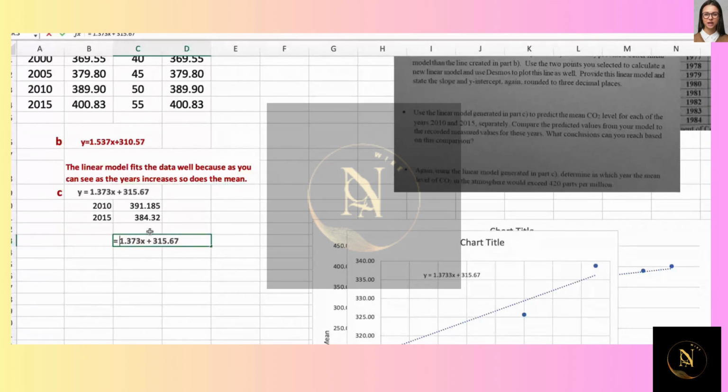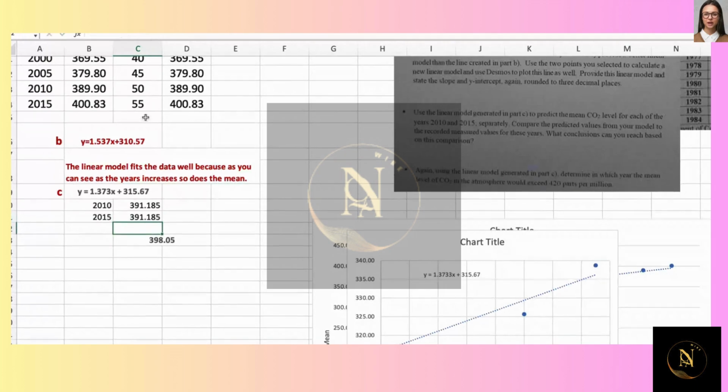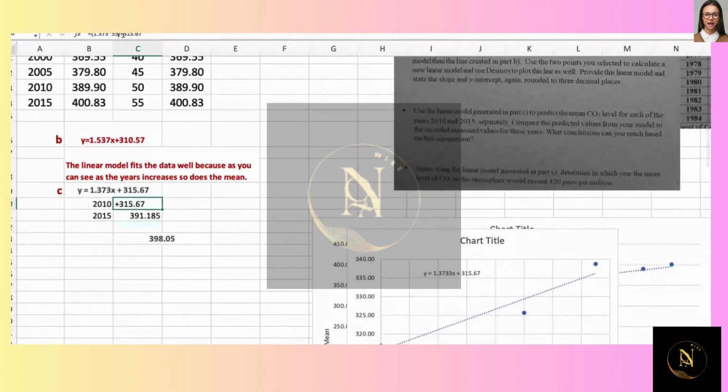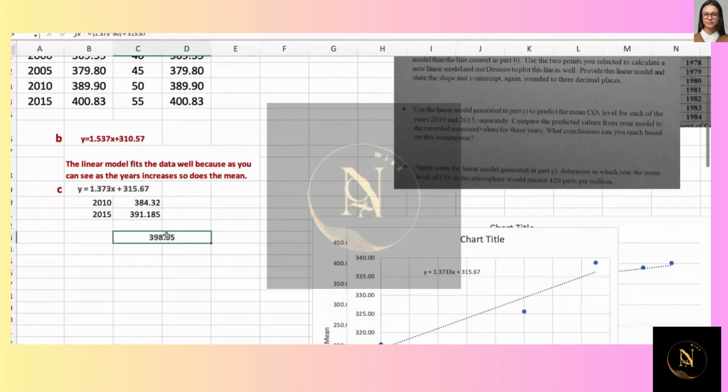If I put in my parentheses, use the star, and if I do 60, it would be 398. This one's not right. 50, 55. And then this one's 50. I knew that didn't look right. All right, there we go. So 420, so it's not that. Let's try 65.